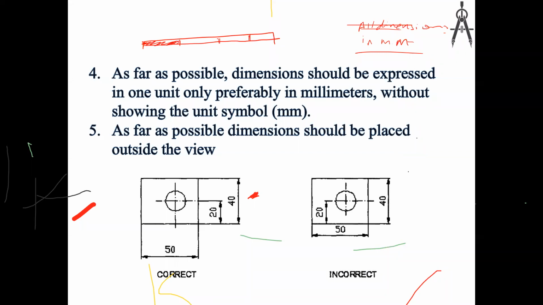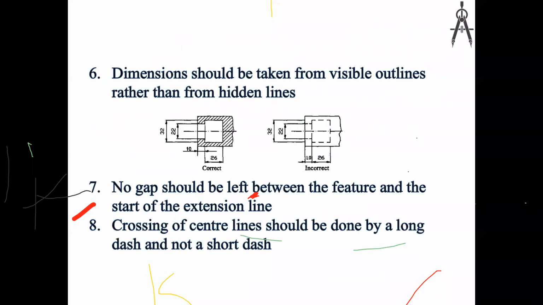Have you seen this, at the bottom of the drawing? Then they will mark 1 meter, 1 meter, 1 meter, like that. So that means if you measure this length on the drawing, that is 1 meter.